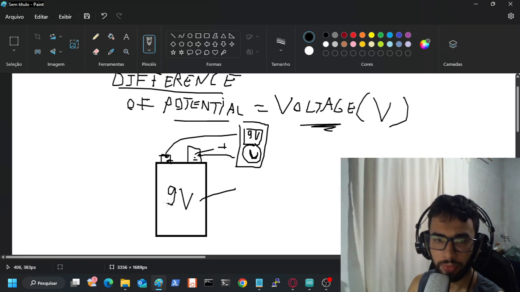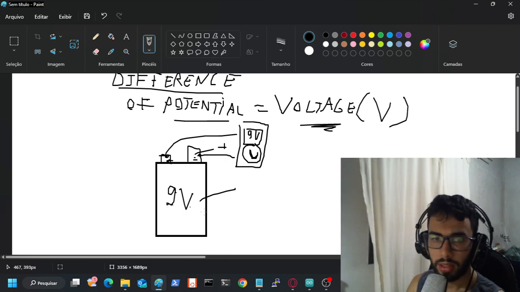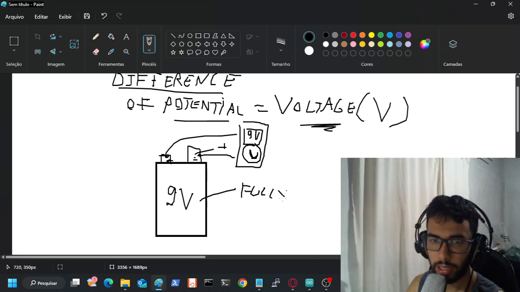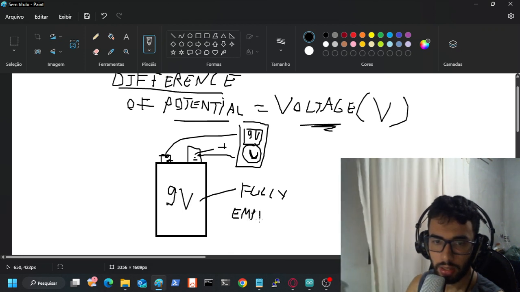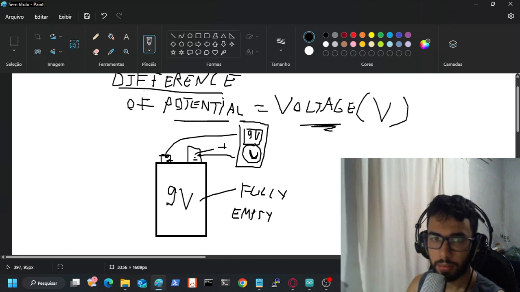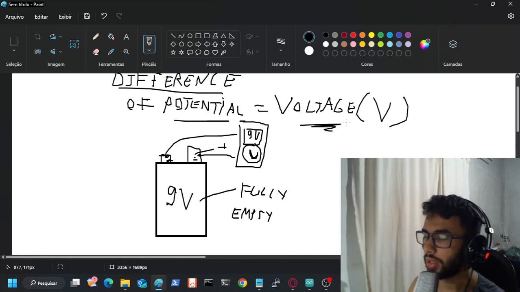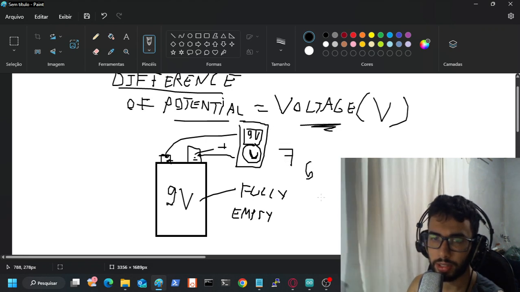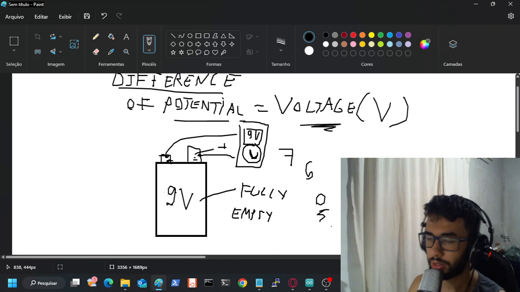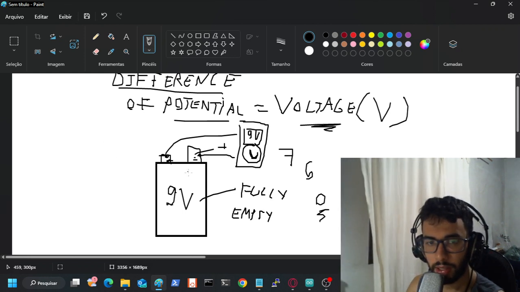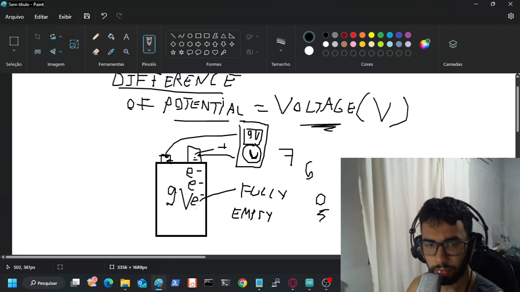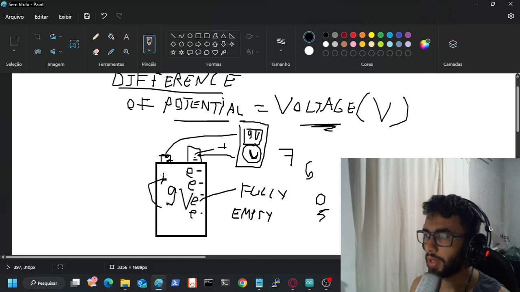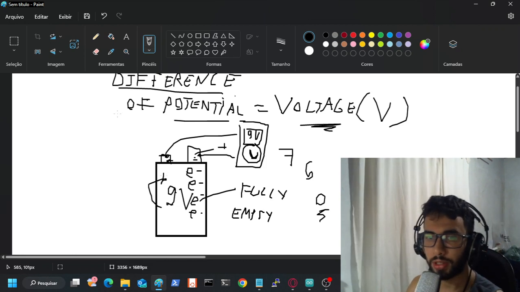It reaches a moment when this battery will get fully empty, and then of course this difference of potential will be under 9 volts, something around 7, 6, or even fully 0 volts between these two points, because all of the electrons at the negative side come up to the positive side, and then we don't have more difference of potential.